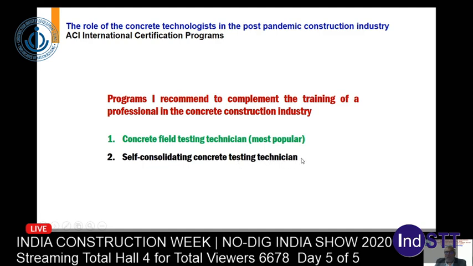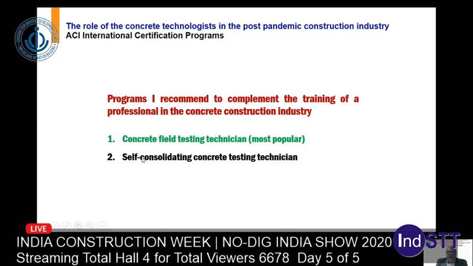Why? Because more often we see self-compacting concrete in the projects. And it's very important that the professional knows how important it is to test this concrete in fresh stage. By the way, in these concretes the most important properties are in fresh stage, because in hardened stage the performance is similar to the one presented by a conventional concrete.